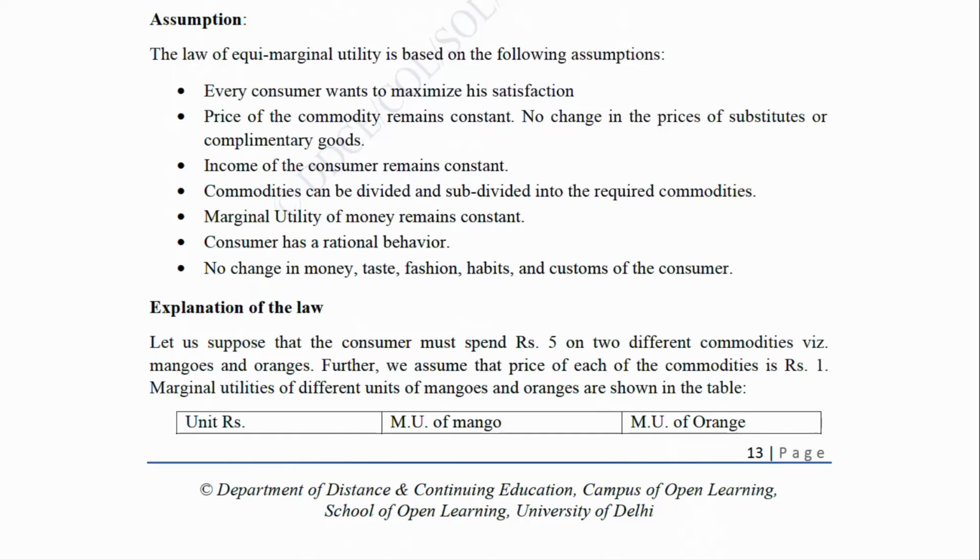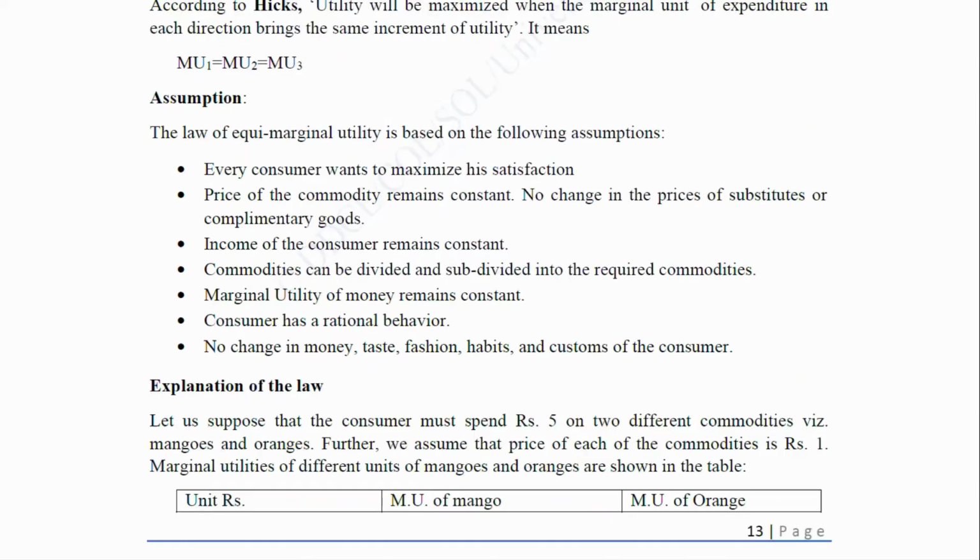Fourth, commodities can be divided and subdivided into the required commodities. Fifth, marginal utility of money remains constant. Sixth, consumer has a rational behavior. Seventh, no change in money, taste, fashion, habits, and customs of the consumer.